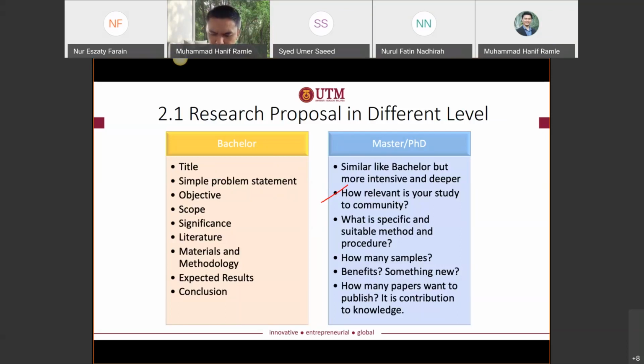If you are doing in vitro analysis, which will use in vitro samples like synthetic bone, for example, you have to determine how many samples to be used in your study.